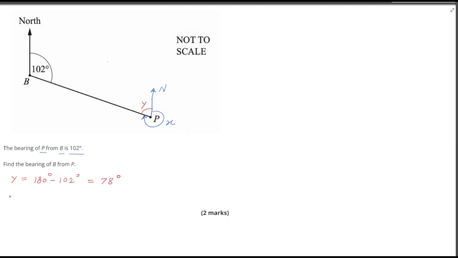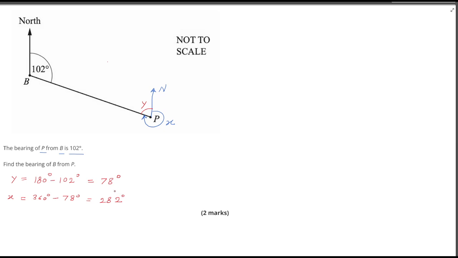And then this angle X is 360 degrees minus this angle Y, which is 78 degrees. So 360 minus 78 gives 282 degrees.